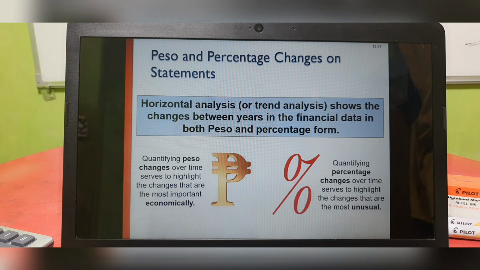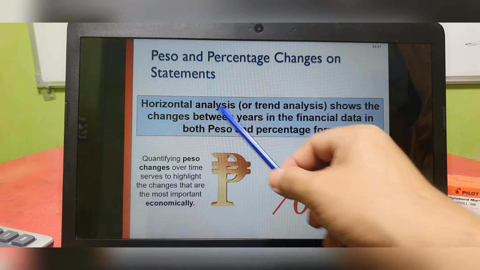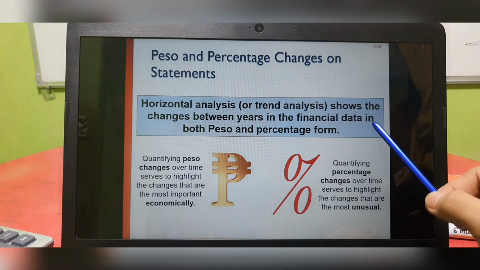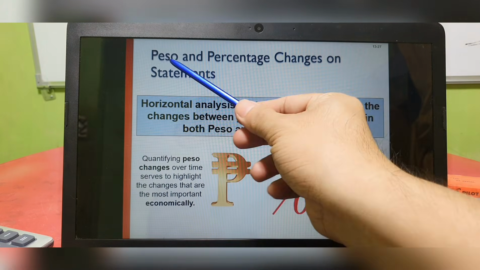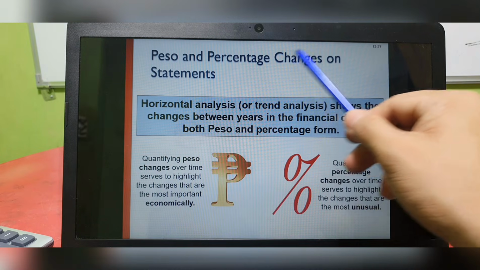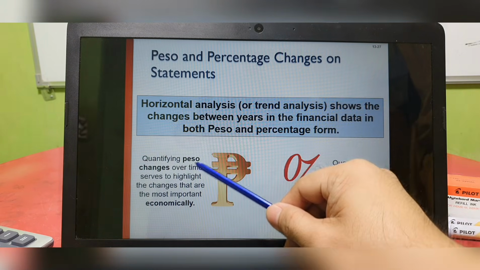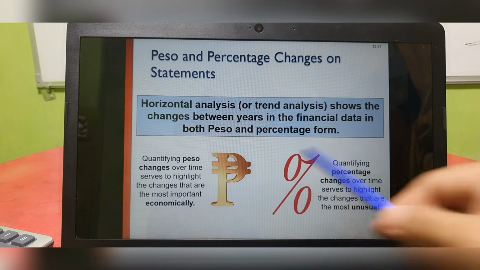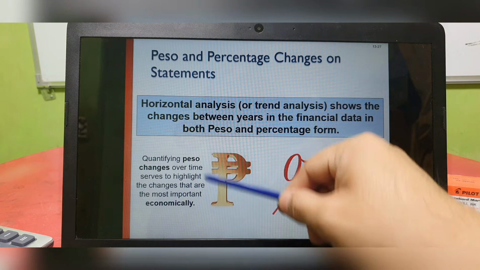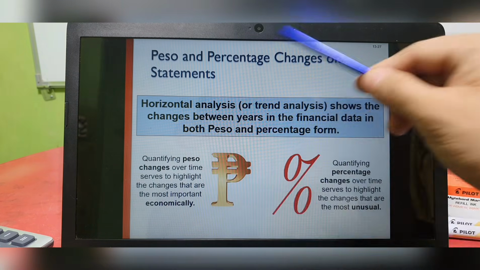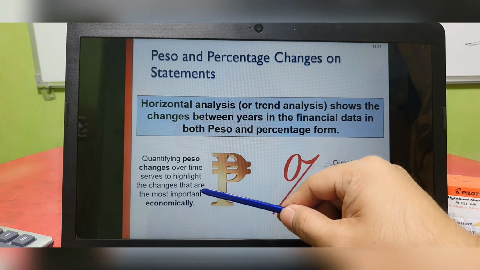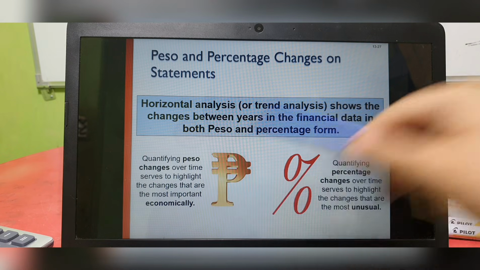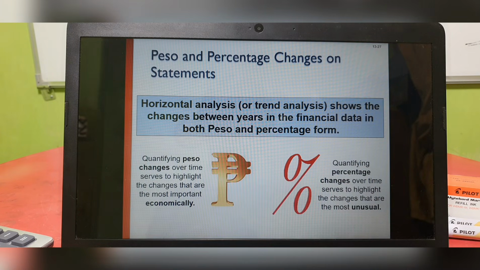Let's move to horizontal analysis. Horizontal or trend analysis. So we are computing for the peso and percentage changes. Kapag peso change ang pinag-uusapan natin, importante yung nandito that we are trying to highlight those that are most important economically.